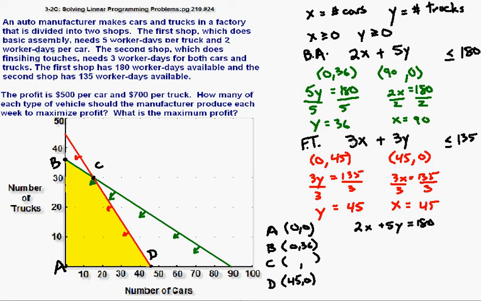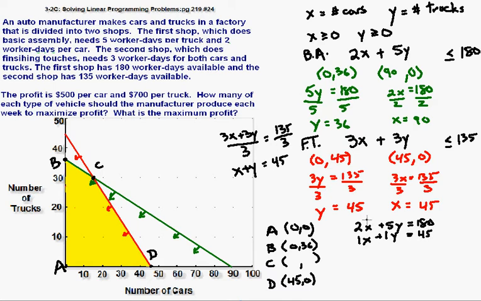If I take the second equation, 3x plus 3y equals 135, and divide both sides by 3, this becomes x plus y equals 45. So here's my second equation, 1x plus 1y equals 45.